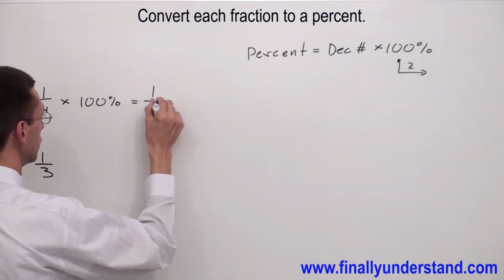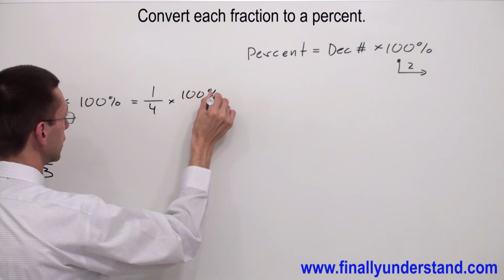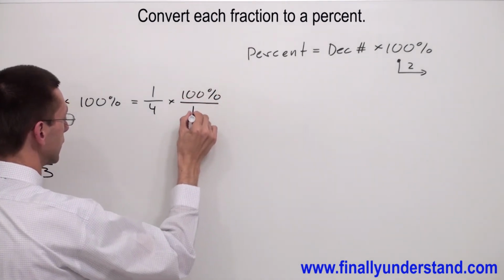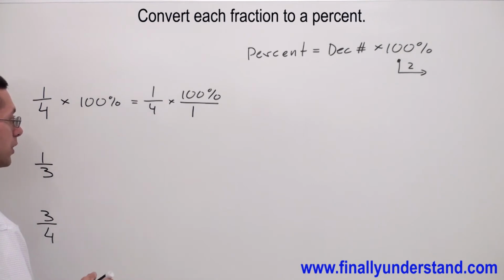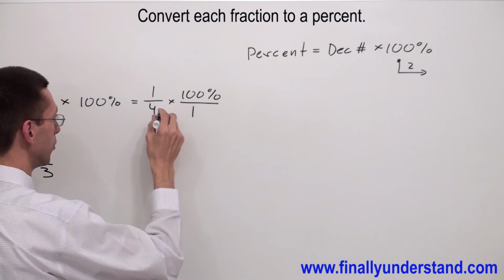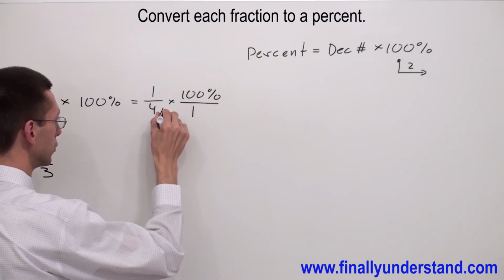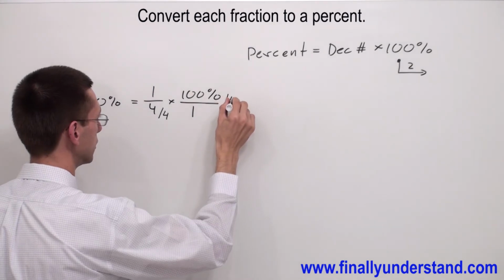So I'm going to have 1 over 4 times 100% over 1. Now, check if we can reduce any numerator with any denominator. I can reduce 4 and 100 by 4. So I'm going to reduce this 4 by 4, and this 100 I'm going to reduce by 4.